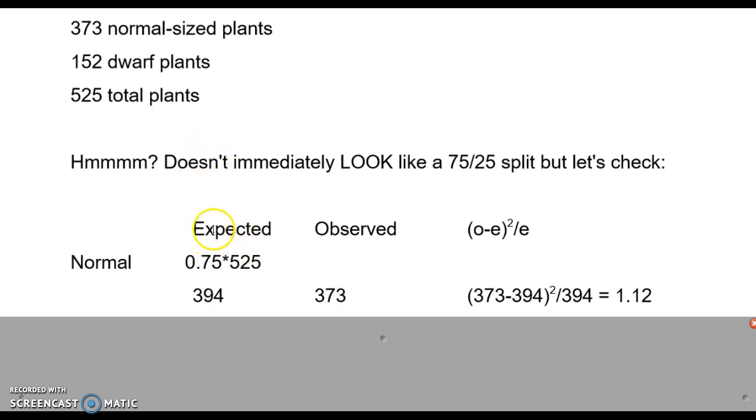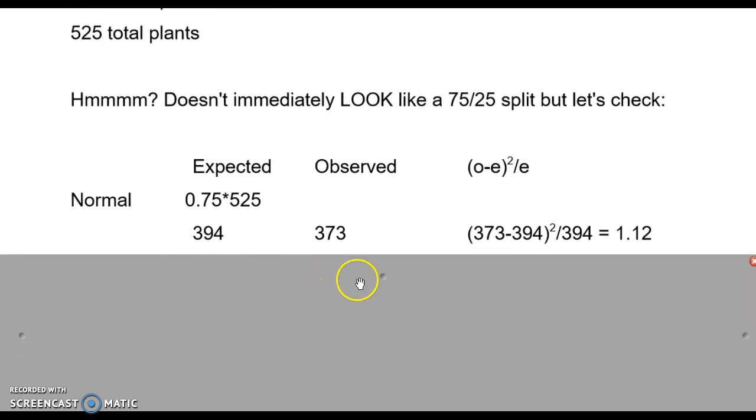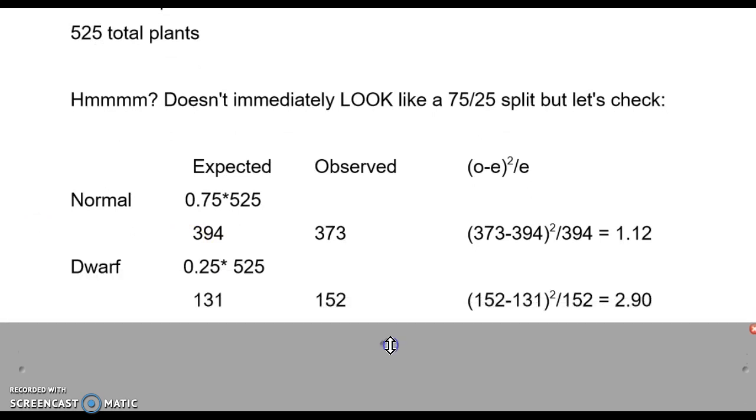Let's take a look at the normal plants. We expected 75% of the 525 to be normal sized plants, and that would be 394. We were short of that, at 373, and so for our chi-square number, observed minus expected is a difference of 21. That gets squared, giving you something over 400, and when we divide by the expected value, we wind up with a contribution to the chi-square number of 1.12. That's the normal contribution. And then what about the dwarf plant contribution?